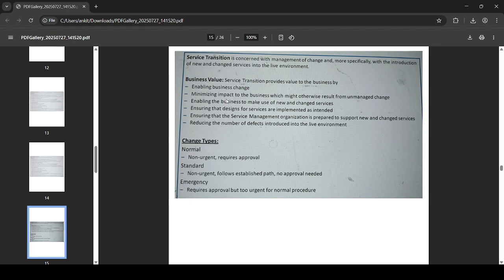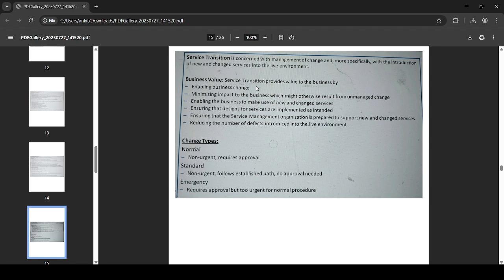If any application issues come up, then who is responsible? It will basically damage the customer trust and the business, because you have not provided knowledge transition to that person, and they didn't know about the application. So to minimize the impact, service transition is very much important.